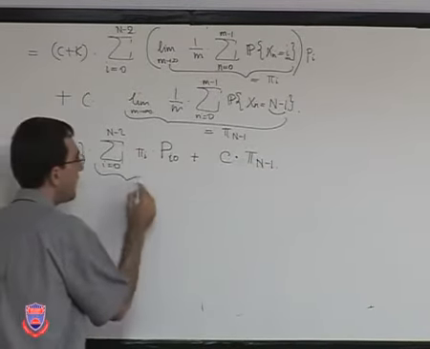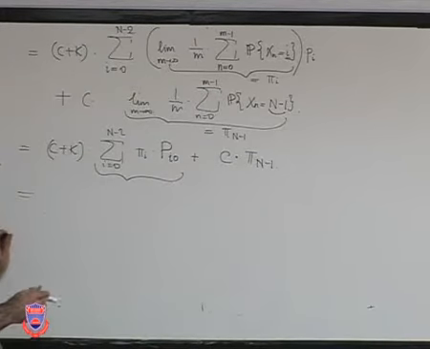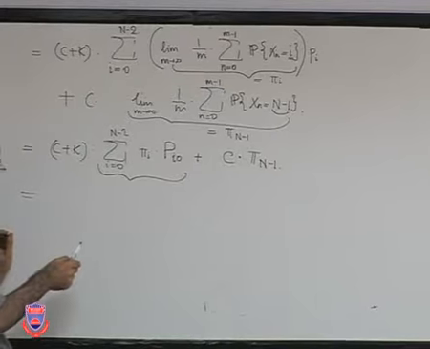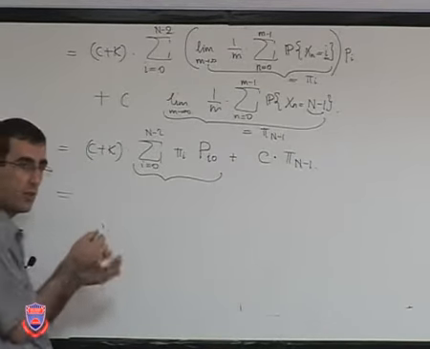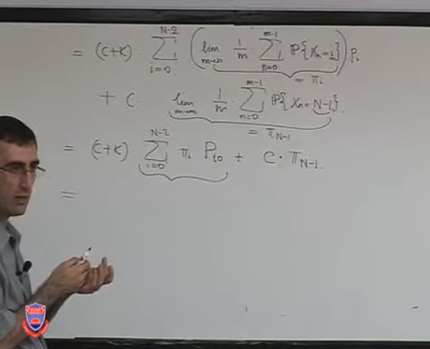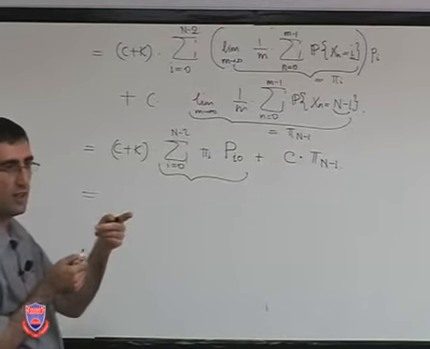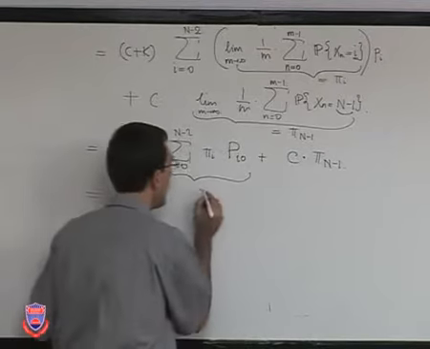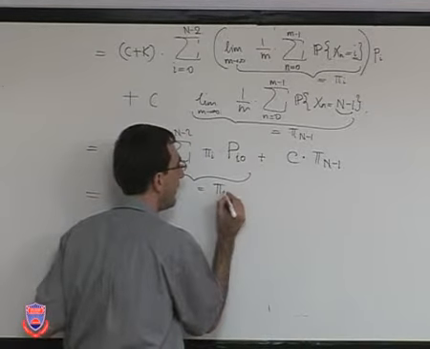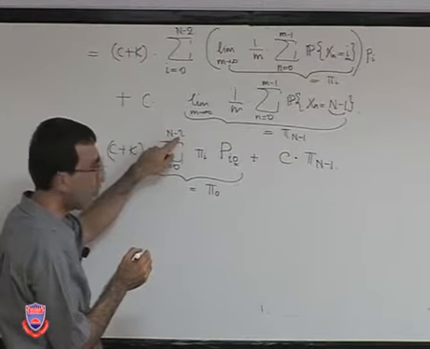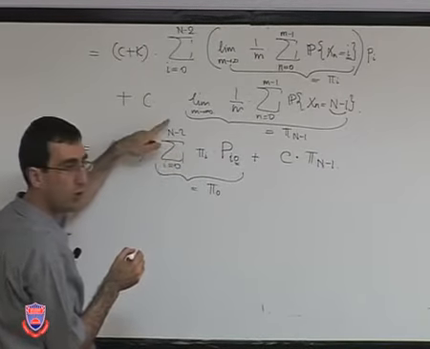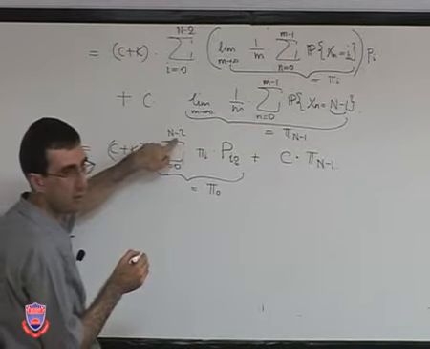Now see, this looks very familiar, does it? This is very similar to the right-hand side of one of the equations satisfied by the stationary distribution. So it is almost pi_0, because of this. But that would be true if this was just going through all the state space, but one of them is missing.